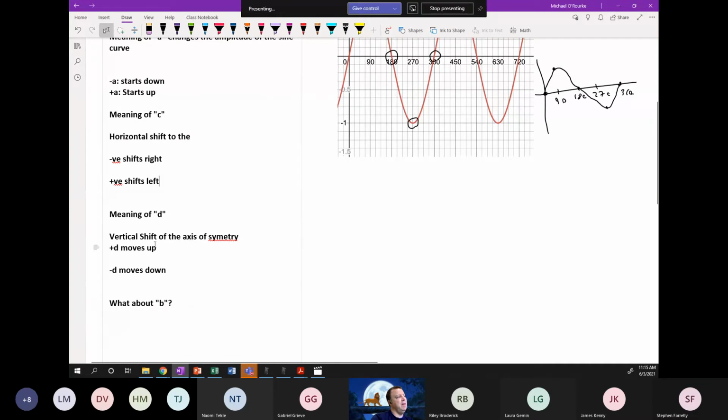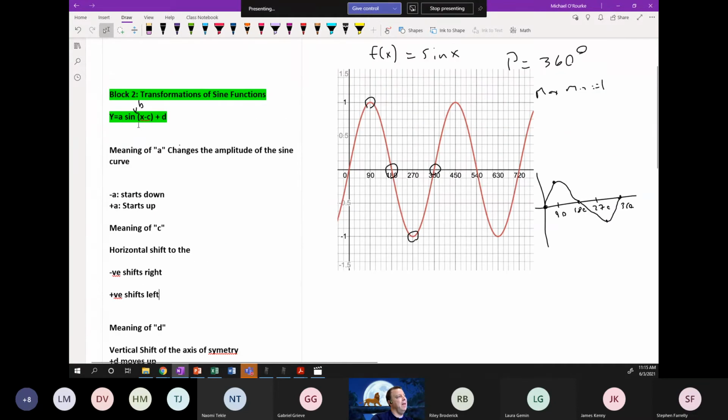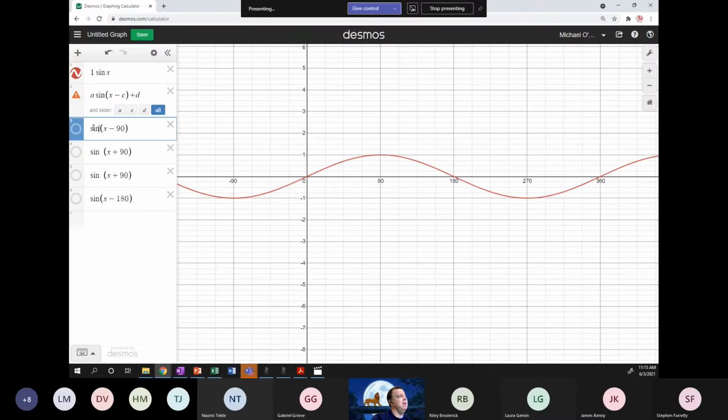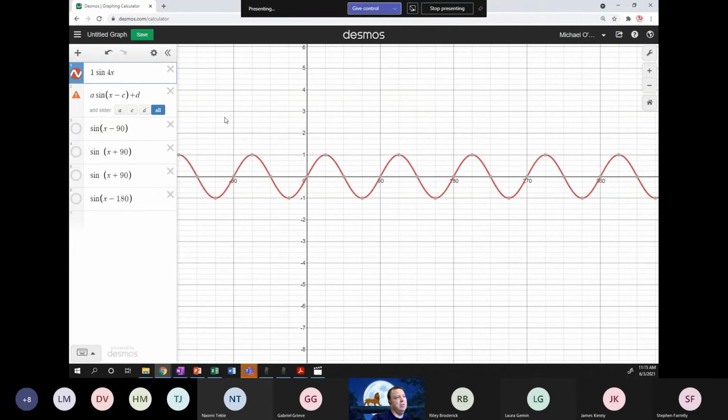Now, we didn't deal with B. You can see in the formula, there's an A, a C, and a D. There's actually a B that goes in there, but we're not going to deal with that. Because if I did that, let's use my parent formula here, it changes the period of it. It actually divides it by whatever this number is.